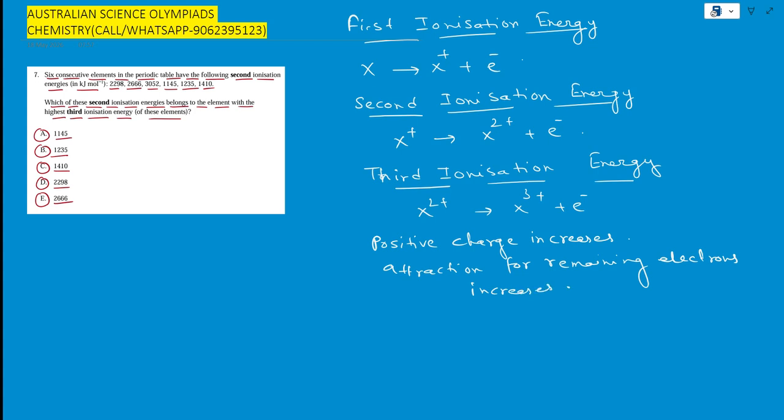So electrons start saying, "Sir, please leave us alone." So therefore, ionization energy always increases.